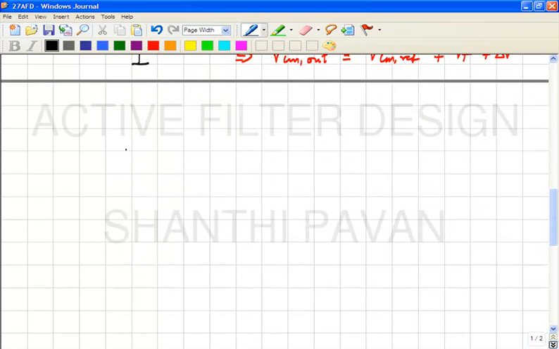See, for differential mode signals, what is the differential mode equivalent circuit of the common mode detector? Please note that this is the common mode detector. I am just drawing that separately now for aid in understanding.